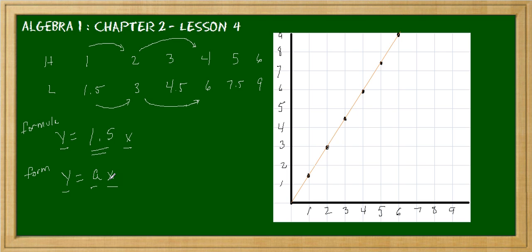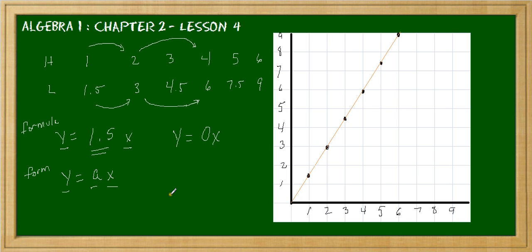Because if it's 0, then none of this makes any sense because you wouldn't have a graph. If we had y is equal to 0 times x, it can't be this. Why? Because no matter what you put in for an x value, the answer will always be 0, which means you wouldn't even have a line. You would just have 1 point.